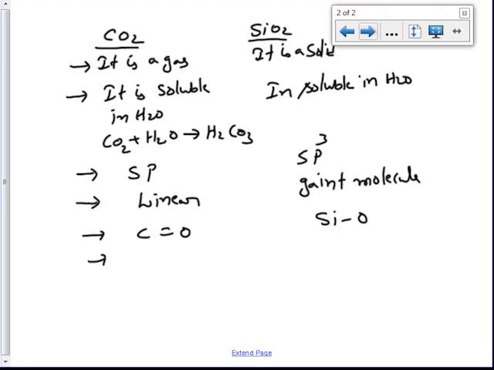The weak forces of attraction operating are weak van der Waals forces. SiO2, already we know this is a solid. Solid means strong forces are operating, that is strong covalent bonds.